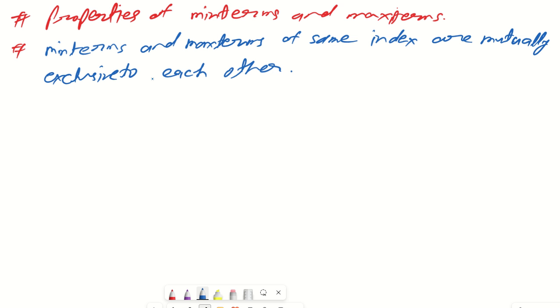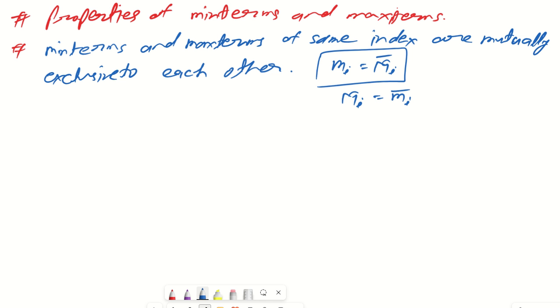What does it mean? Let us say if I have min term as mi, then it will be equal to max term of the ith index bar. Or it can be, let's say, Mi, then it will be equal to min term of mi bar.